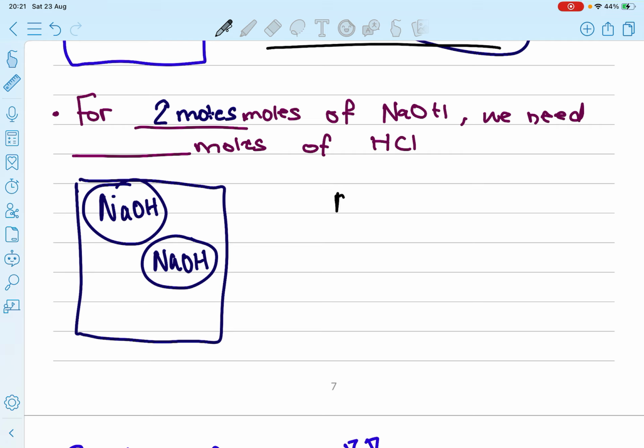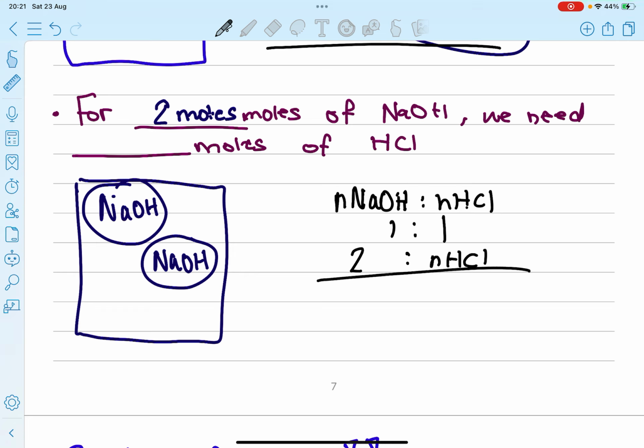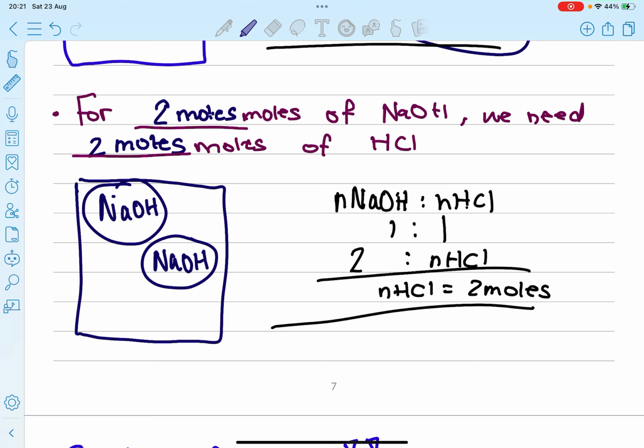Because remember, we're creating an ideal recipe, an ideal situation. So we say the ratio of sodium hydroxide to hydrochloric acid is 1:1. Meaning if you've got 2 moles of sodium hydroxide, how many moles of hydrochloric acid would you need? You do a cross multiplication, you see that you actually need 2 moles of hydrochloric acid. Okay, so now this answers a lot.